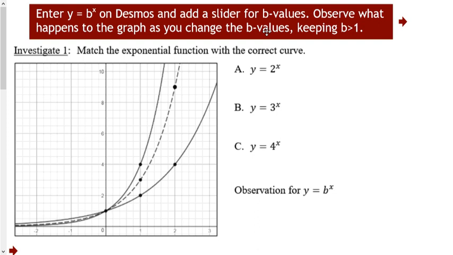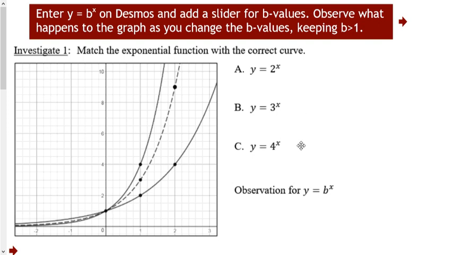As you change those b values, we want to keep b greater than 1 and just observe what's happening. Once you've done that on Desmos, then see if you can predict which curves here would match which equations there. So do a prediction first, then you can enter it to double check.